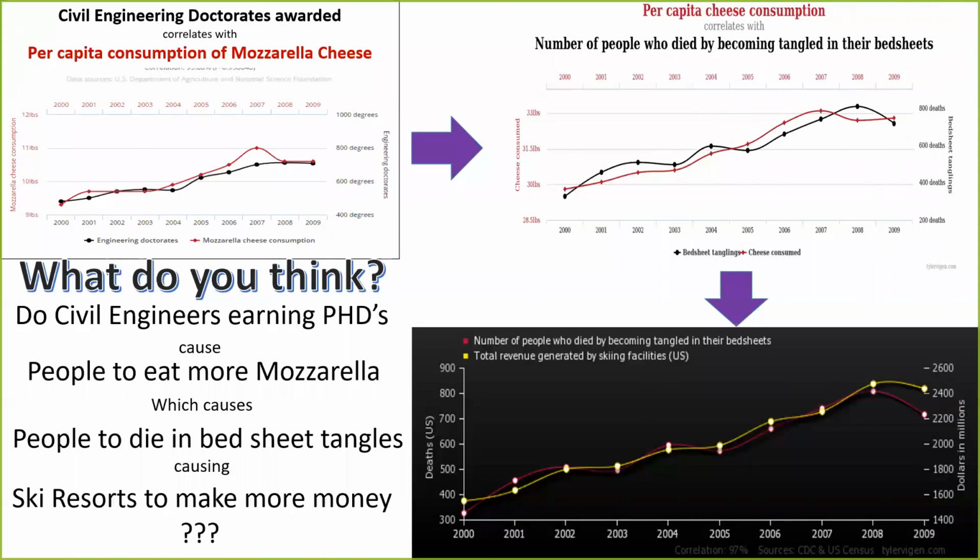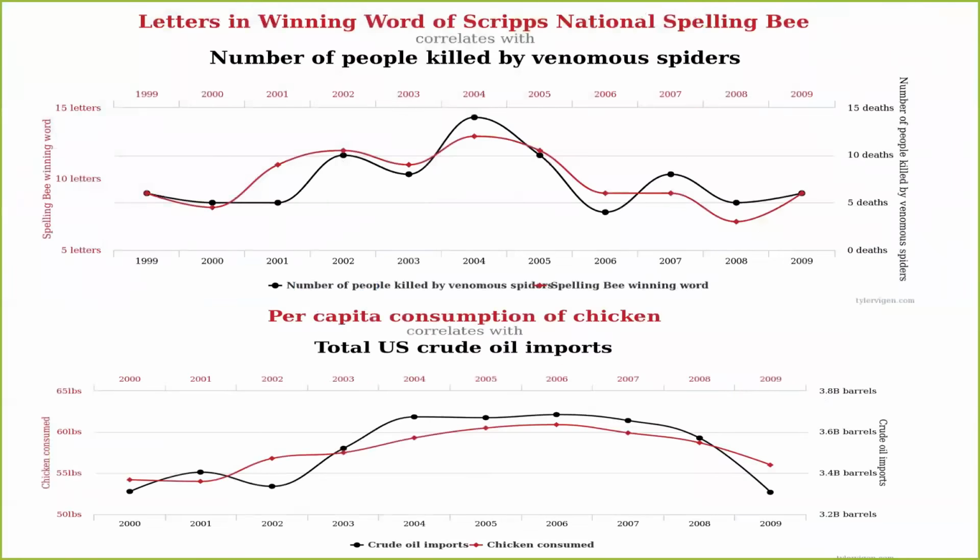Civil engineers earning PhDs does not make ski resorts make more money. So correlation, it's there. Look at them. They're correlated, but one doesn't cause the other. I think I've got one more. Oh, two on one page. I'm sorry. I think you guys get it. Does the number of letters in the winning word of the National Spelling Bee really decide how many people will die from spider bites?